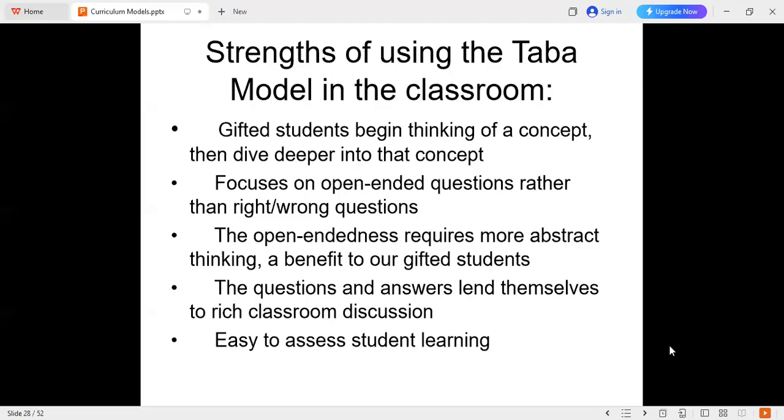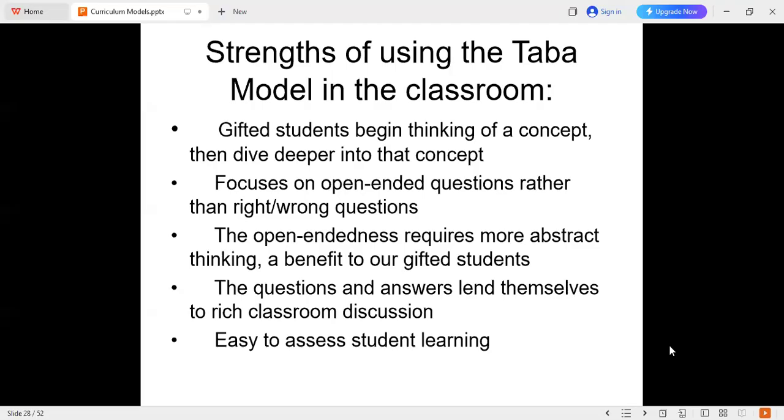Open-ended questions. In a sentence, an answer should be given, but with selected responses, the responses are given. A student should select yes or no, right or wrong.